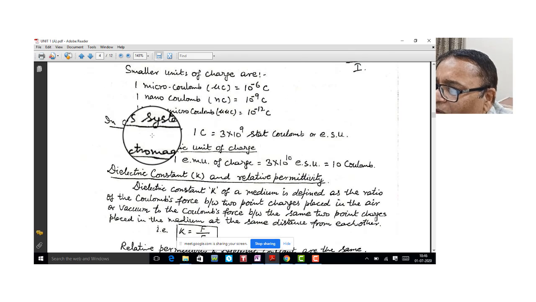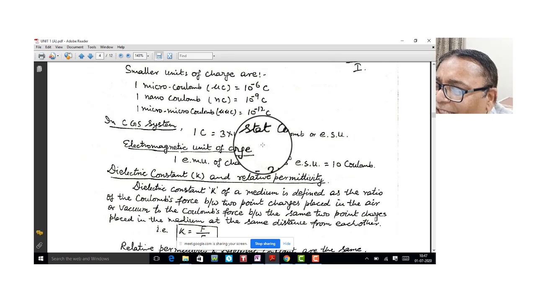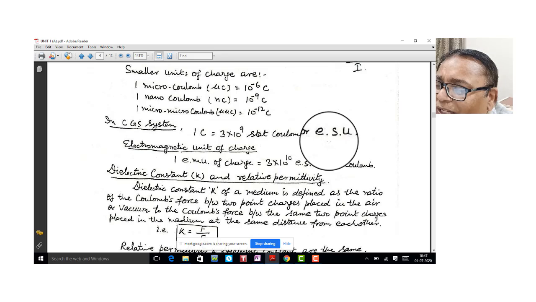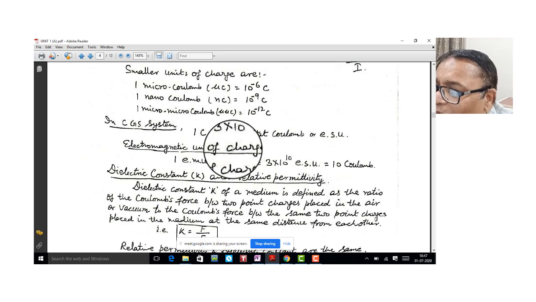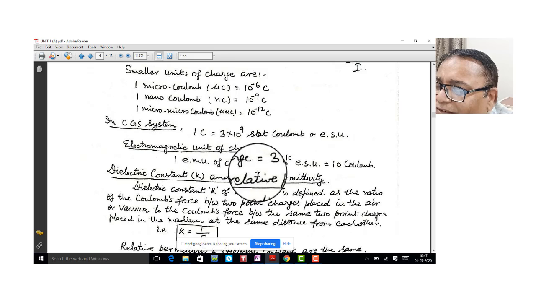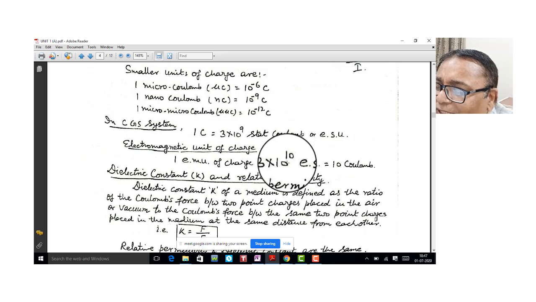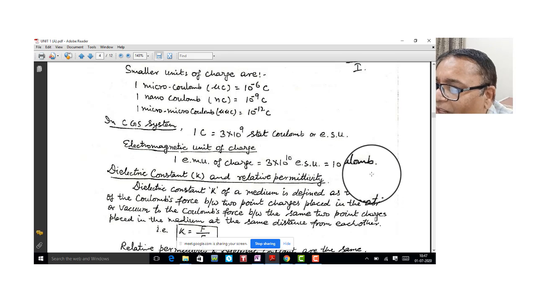In CGS, 1 coulomb is equal to 3 into 10 to the power 9 stat coulomb, also called ESU charge, electrostatic unit. And one more unit for charge, 1 EMU charge, is 3 into 10 to the power 10 ESU, that is 10 coulomb.